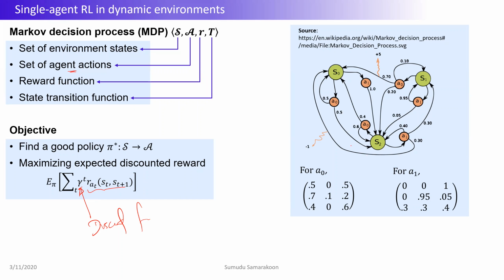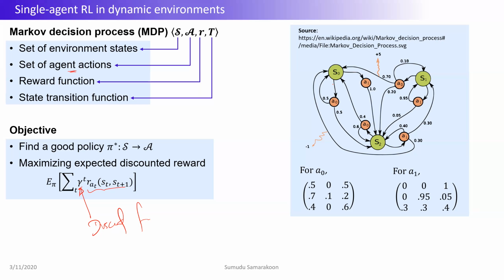So one simple example is given like this. In this problem, the environment has 3 states, S0, S1, and S2. The agent has two actions, A0 and A1. This graphical representation provides, for any state, how a choice of certain action would result in a change in the state with this probability.